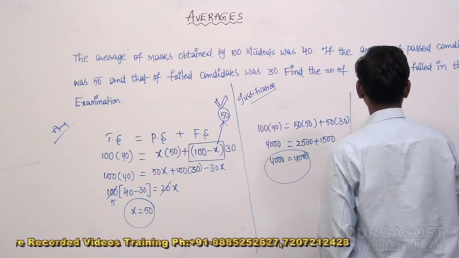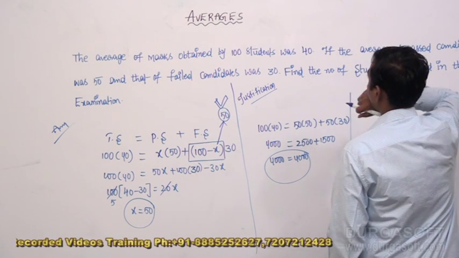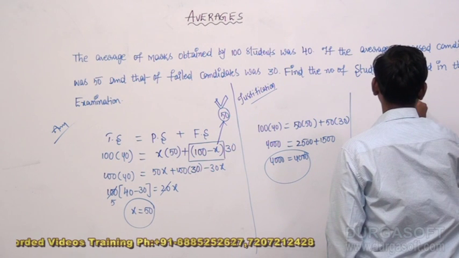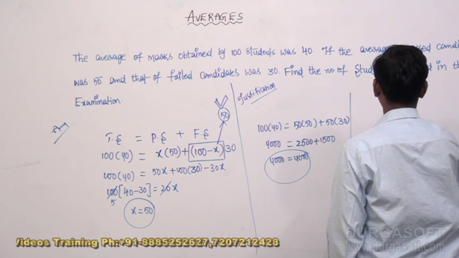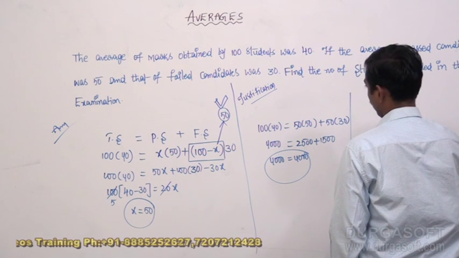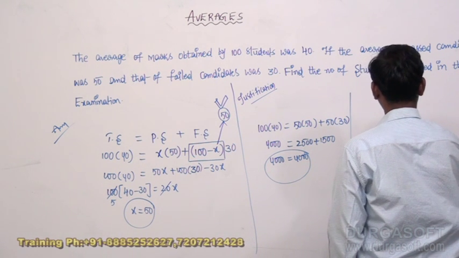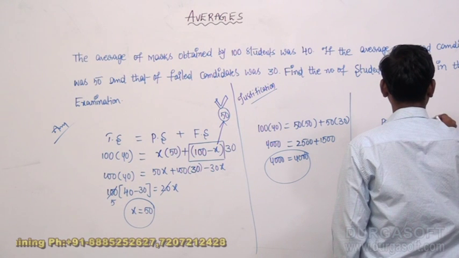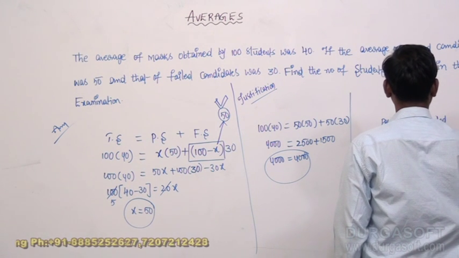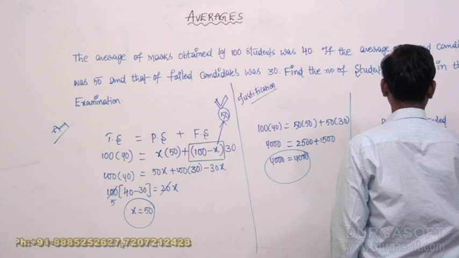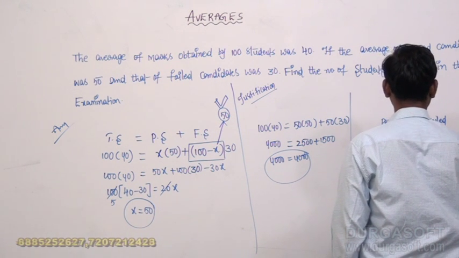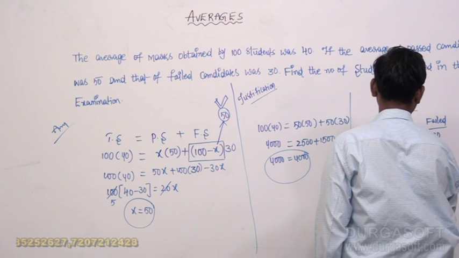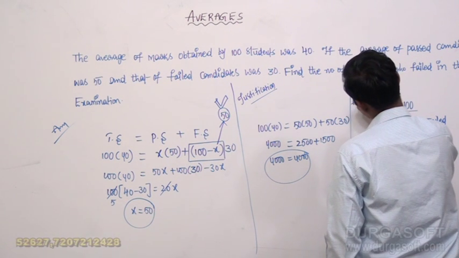In this question we came to know 100 students and two scenarios, passed average and failed average. The average of passed candidates is 50, failed candidates 30, and the 100 people's average is 40. Let us go for the alligations and mixtures shortcut here.